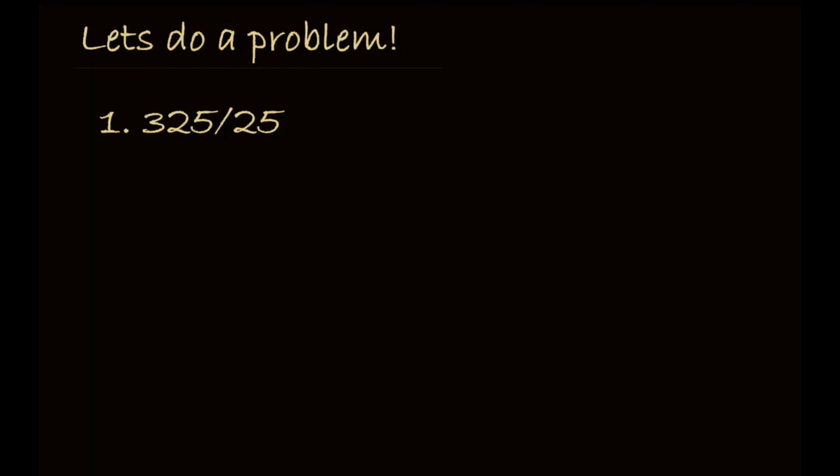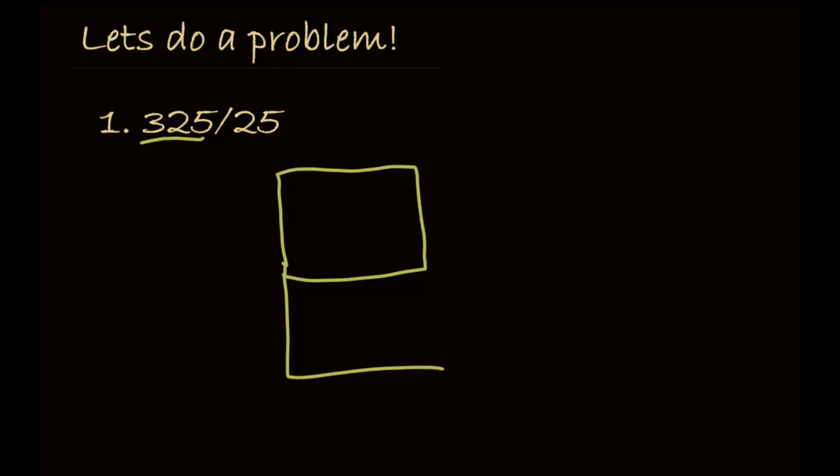First, we need to draw 325. This is going to be 100, so I'm going to draw 3 of these: 1, 2, and 3. So that's 100. I have 300 right there. And now we have 25.